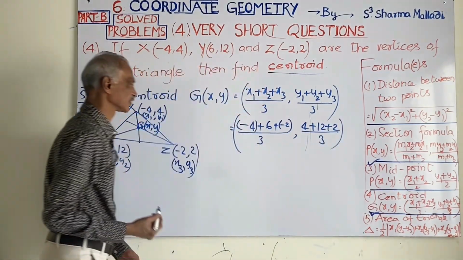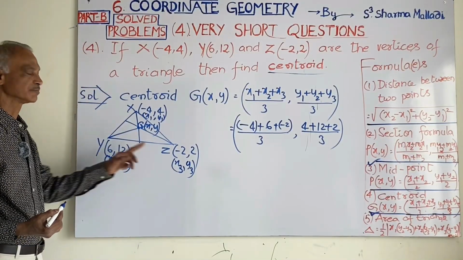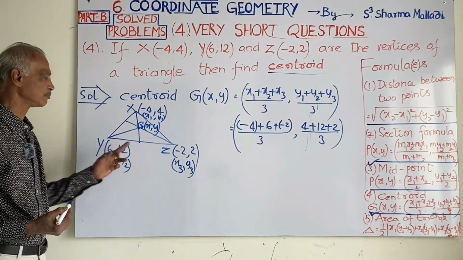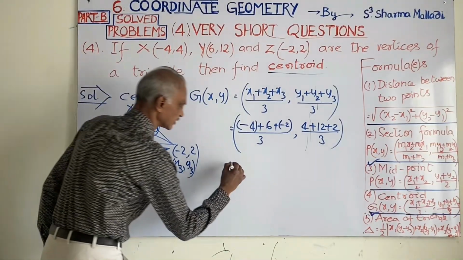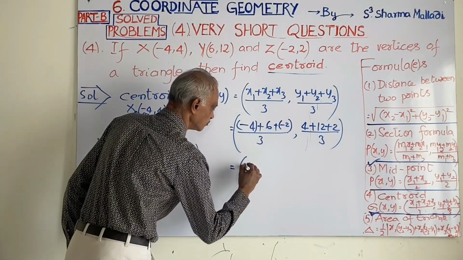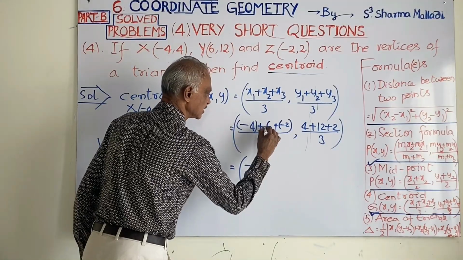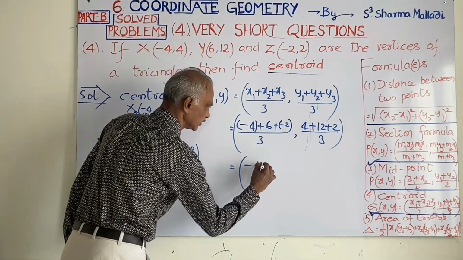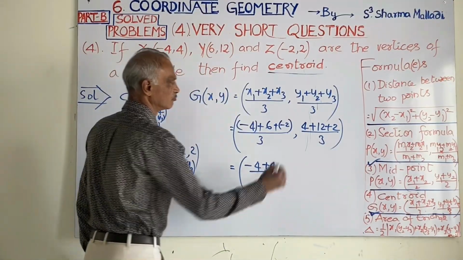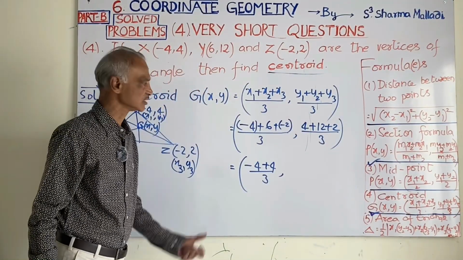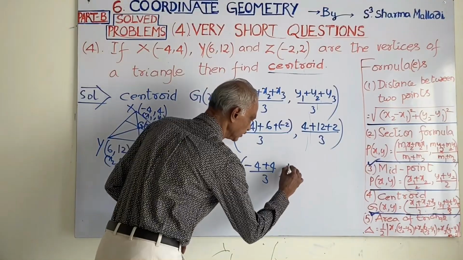You see, first coordinate by 3 and second coordinate by 3. Minus 4 plus 6 minus 2, you will get plus 4 by 3, and 4 plus 12 is 16, 16 plus 2 is 18, by 3.